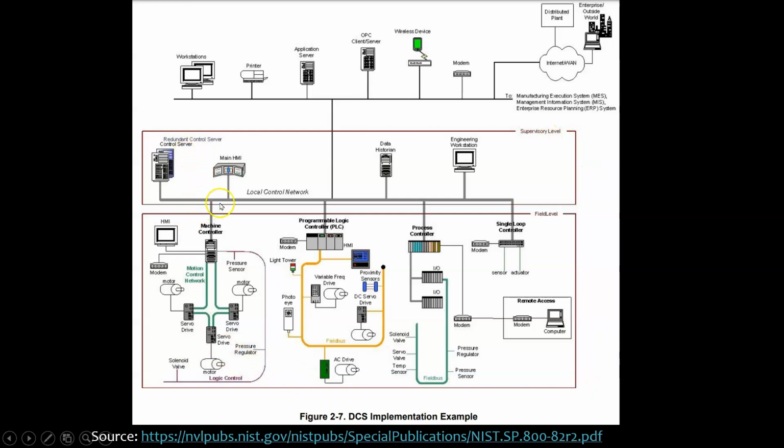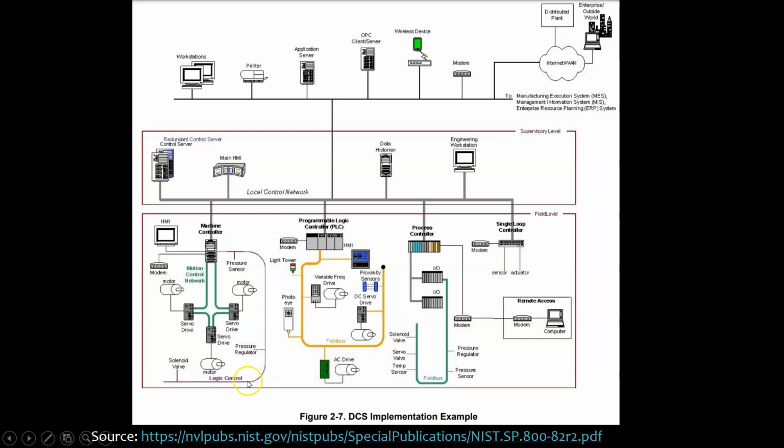The DCS model is a distributed control environment or system where you have two layers mainly: the supervisory layer, where you put some systems to supervise the field layer, which contains the actual actuators, the actual sensors that are doing the work.